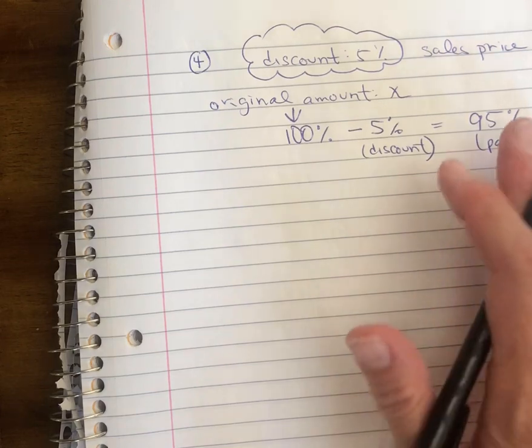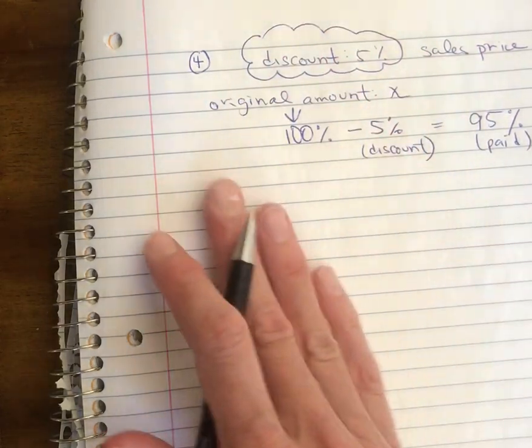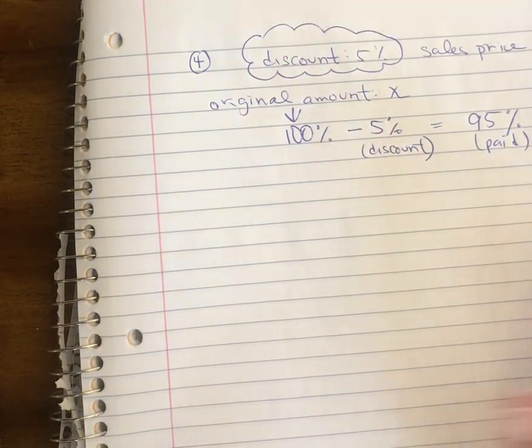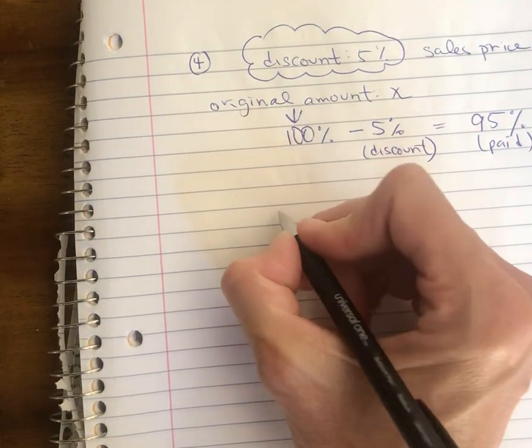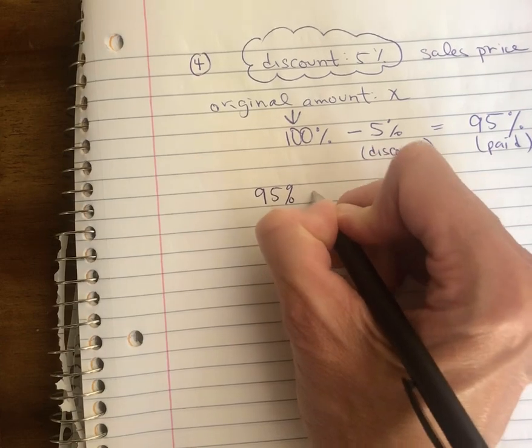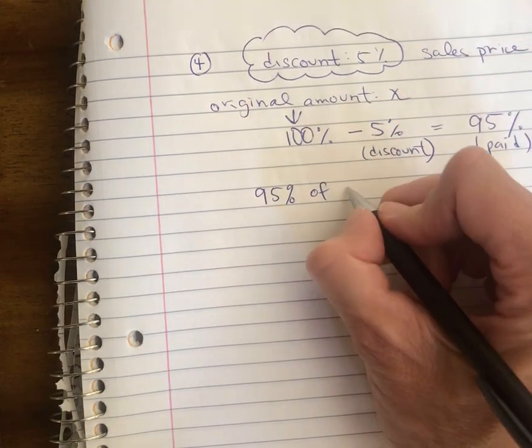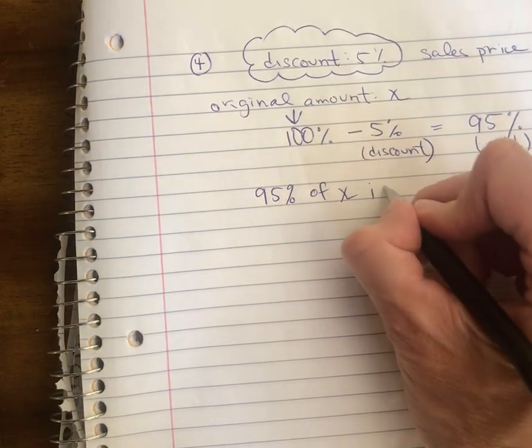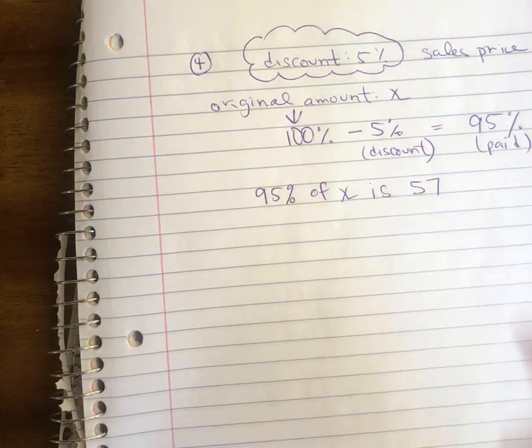So then we're gonna take all of this information and we're gonna write a sentence that we can translate into an equation. So we know we're paying 95% of some amount, and that equals $57.